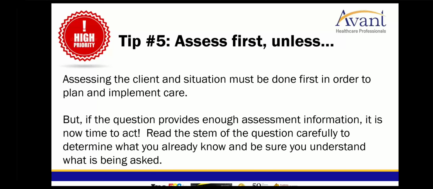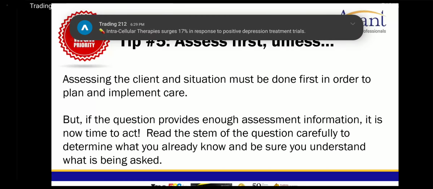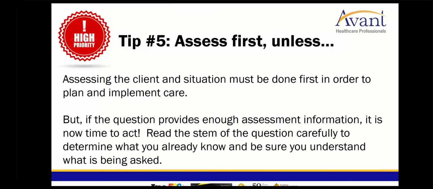Read the stem of the question carefully to determine what you already know and be sure to understand what is being asked. In other words, if the question included something like the nurse assessed the client having abdominal pain with a set of vital signs, and you think that the assessment is included in the question, then you're looking for an implementation answer choice, something that you're going to act on.